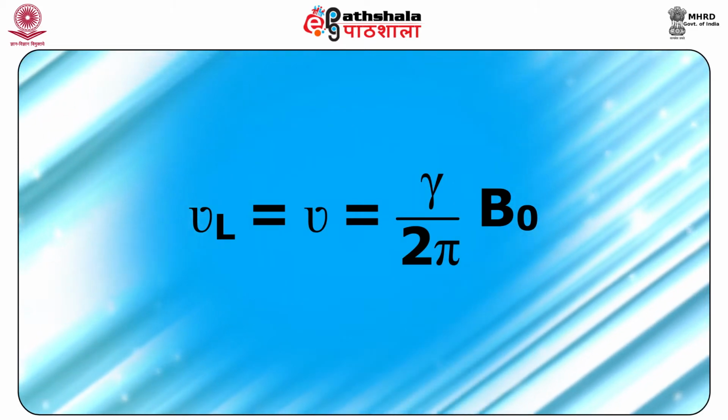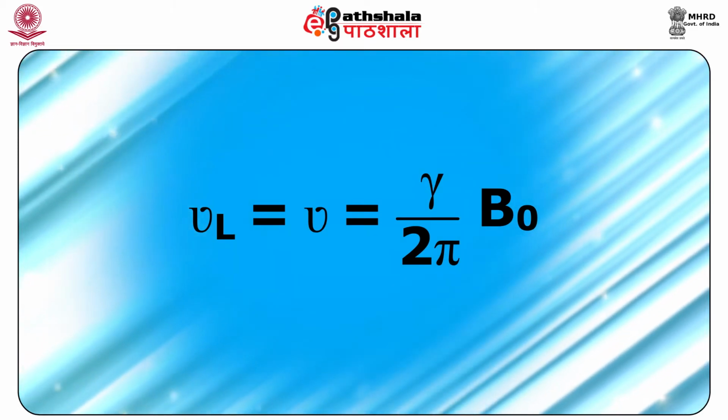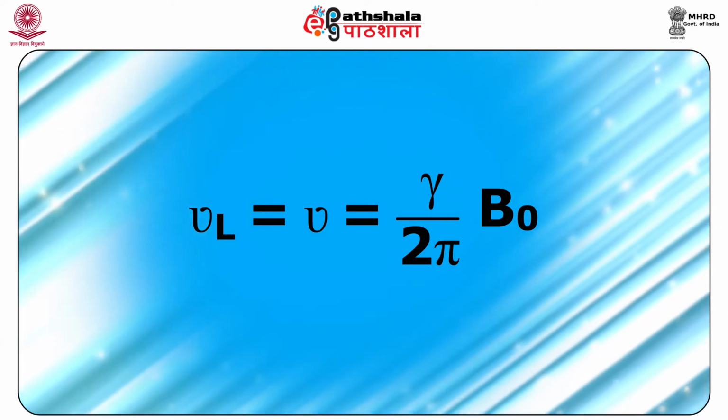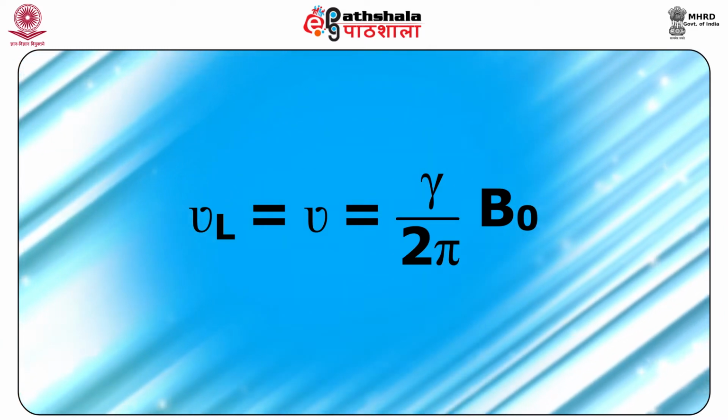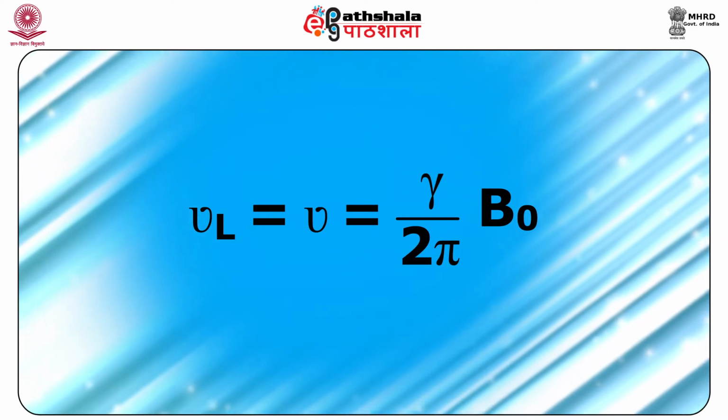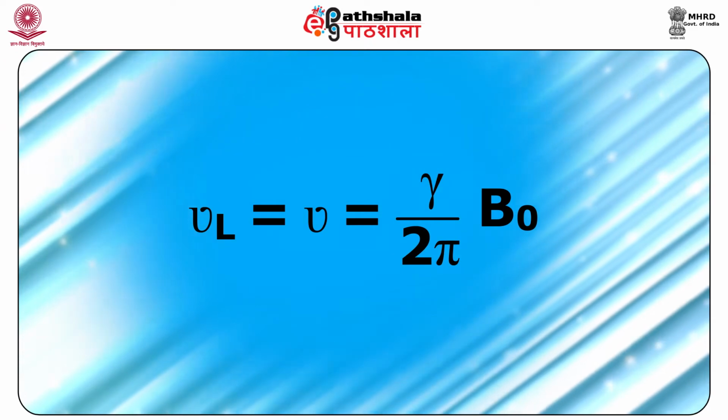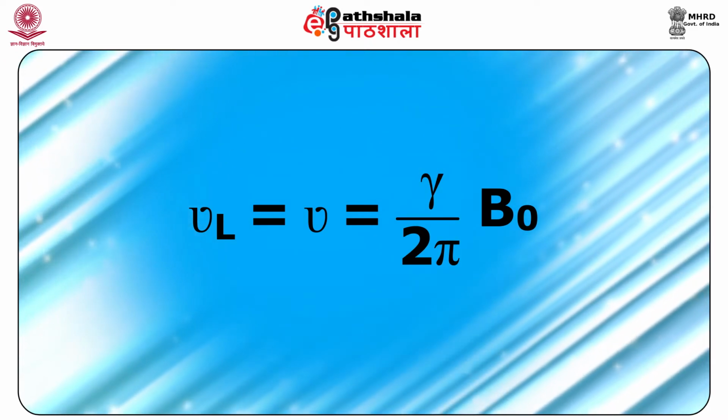Hence, the basic NMR relationship can be written: nu L, which is the precessional frequency, when it coincides with the frequency applied, is equal to nu is equal to gamma divided by 2 pi into B naught.